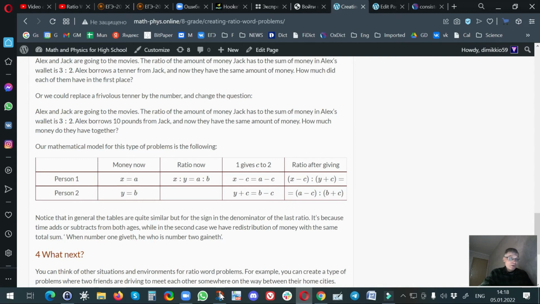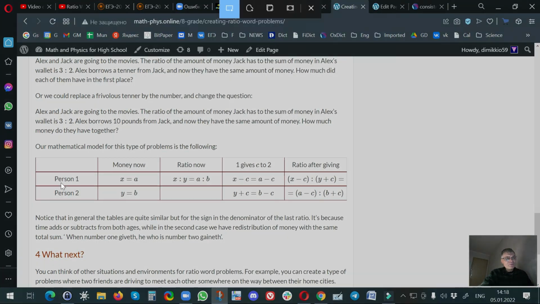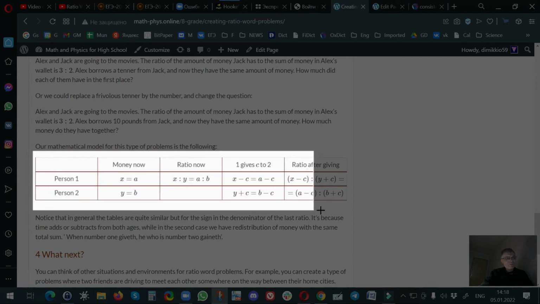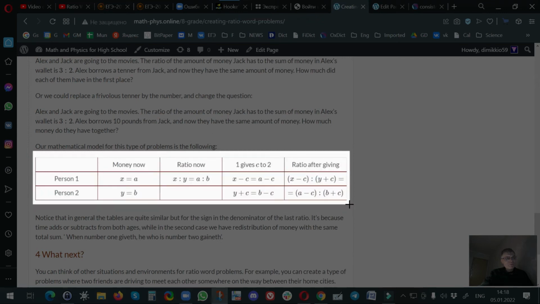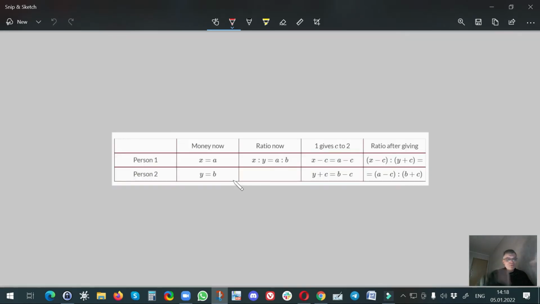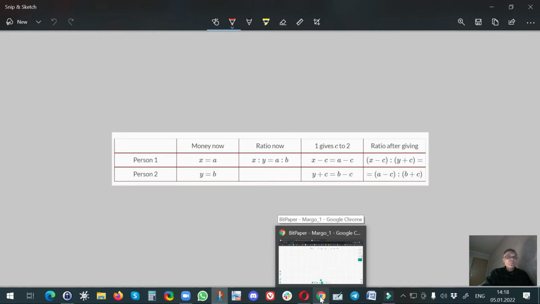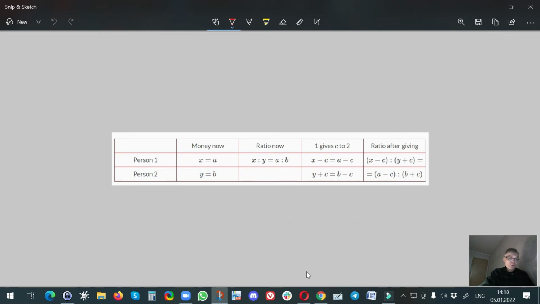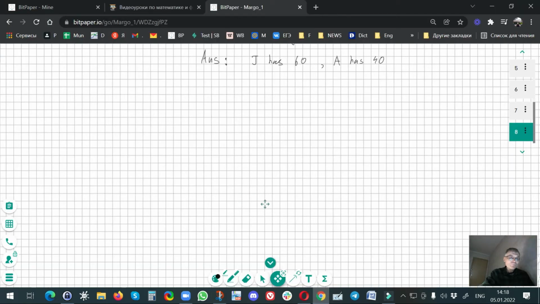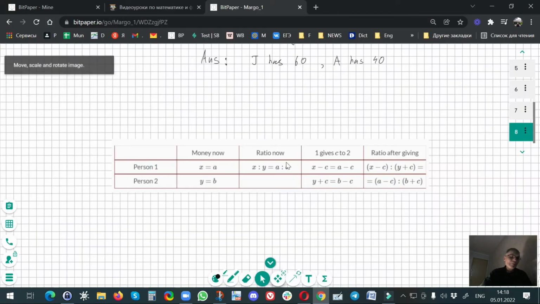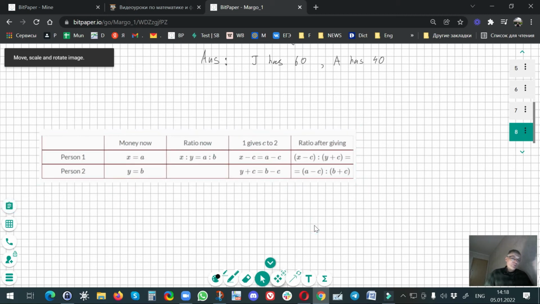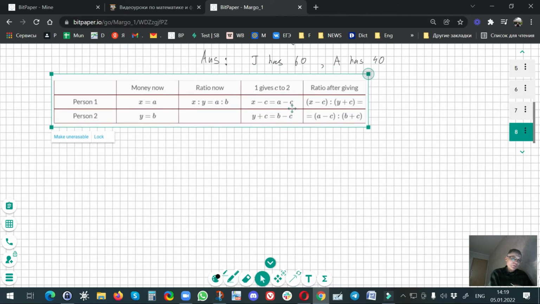It's a universal table, but when you try doing such things yourself, actually, it's a good idea to start from scratch, just state the sum which you want to distribute between them. 100 is a good choice.